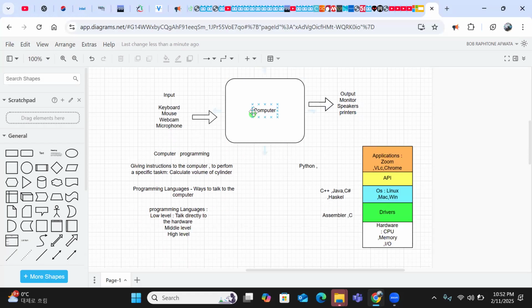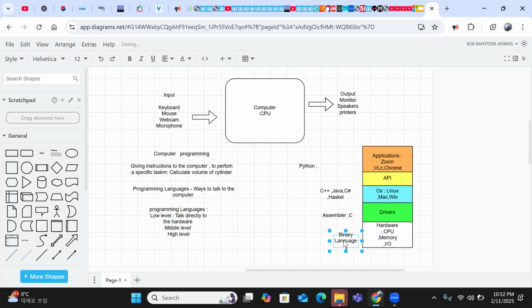Okay. And then when we're talking about the computer here in technical terms, we will be talking about the CPU, or the central processing unit. It understands what is called the binary language. So down here, it understands binary language.